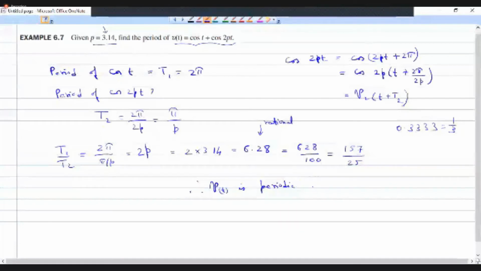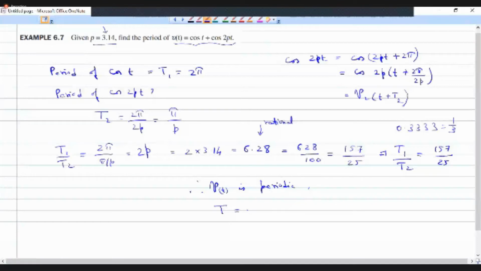Period t is equal to, you can cross multiply this. So t1 by t2 is equal to 157 divided by 25. So what is t? T is equal to n1 t1, which is equal to n2 t2.